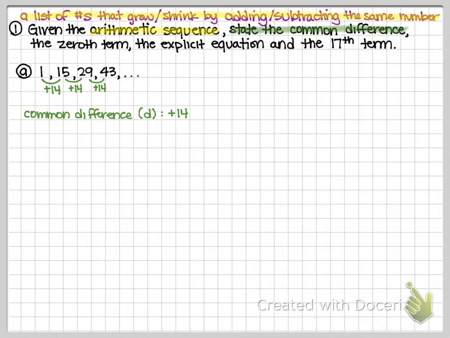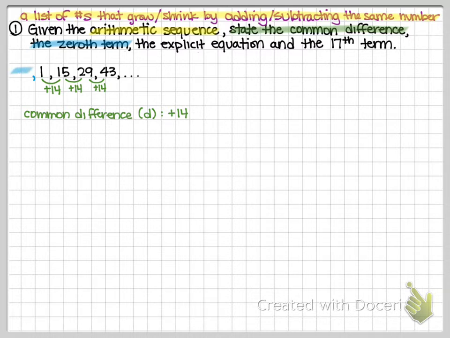All right, back to the question. We want to find the zeroth term. The zeroth term is not a number that we see in the sequence right now. It's the idea of if we wanted to go backwards in the sequence. So what number would be right there in front of the 1?